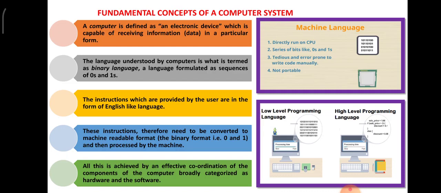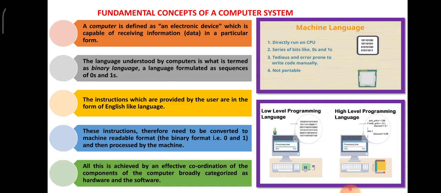Let us move on to the second point. The language understood by a computer is what is termed as binary language, a language formulated as a sequence of zeros and ones. Now in this point, you come across binary. What is binary? Divide that word into 2.